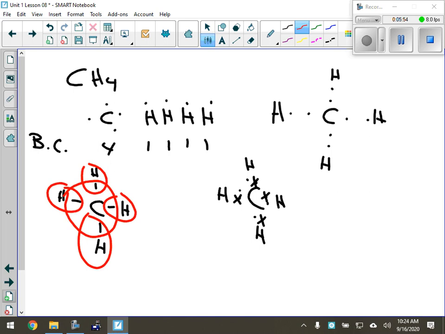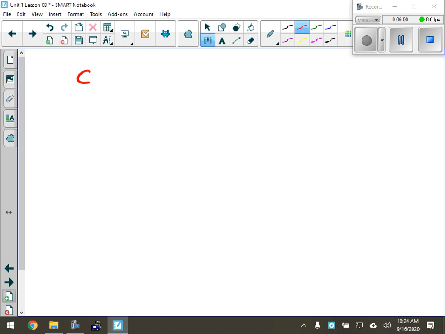Yes, good. Questions? If you're going to use the rules, I'll just start on this page here. Carbon had, like I said, this, which has got 4. We add up the electrons, which is 8. This might come in handy, and you might want to do this for all the compounds.